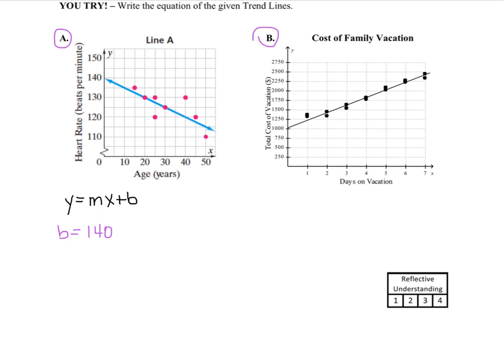And then you want to identify what two coordinates are hitting the trend line. So when you go up that trend line, you already notice there's already one coordinate here that's hitting the trend line. And then there's another coordinate here that's hitting the trend line. So your first coordinate is 30 and 125.